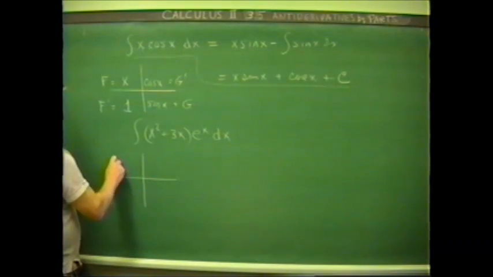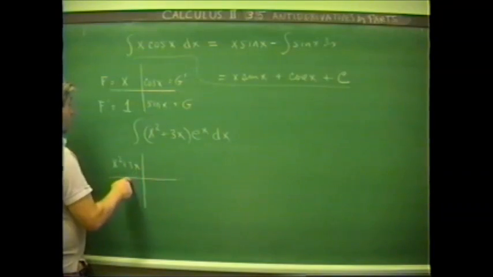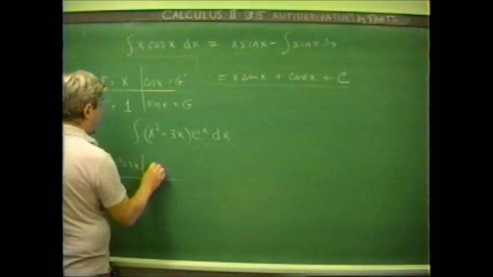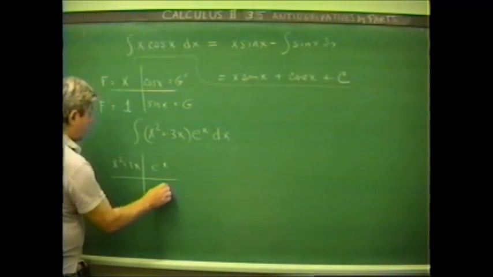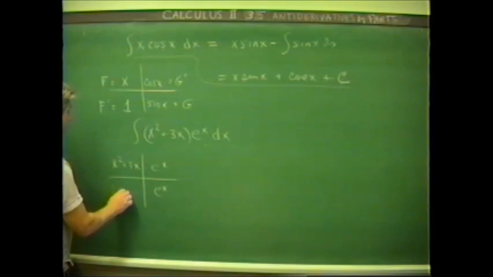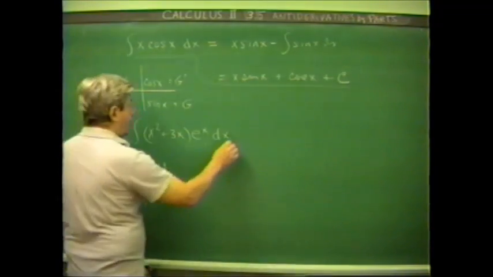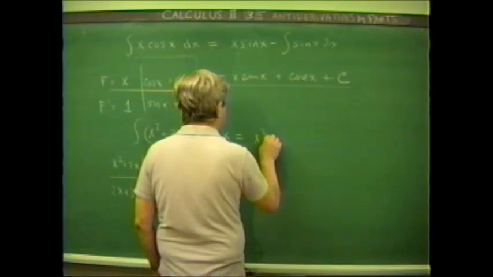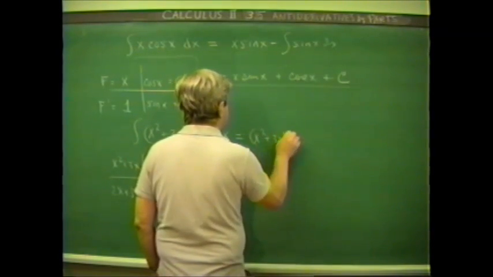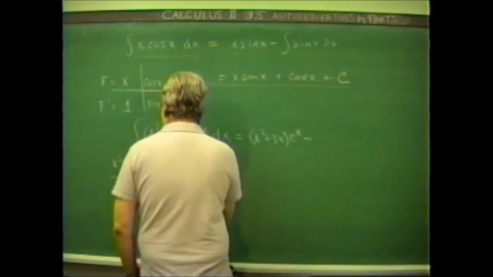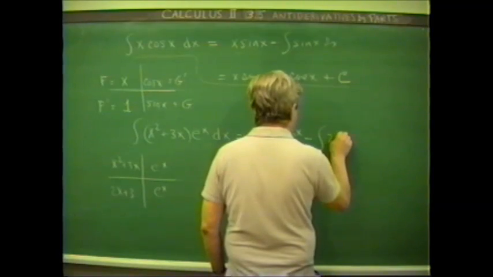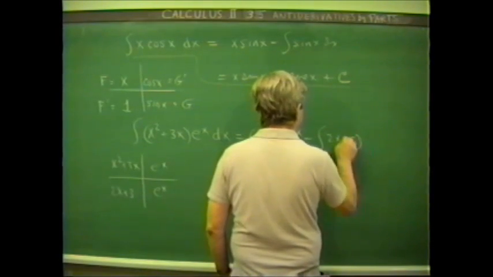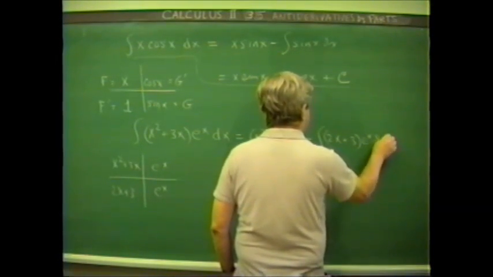Let's put x squared plus 3x over here, because when we differentiate it'll be simpler, and e to the x over here. We get then e to the x. We get 2x plus 3 down here. And we consequently get that this is equal to x squared plus 3x times e to the x minus the antiderivative of the bottom line, 2x plus 3 times e to the x dx.